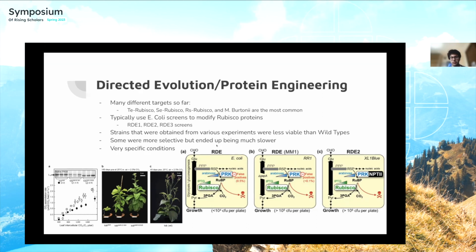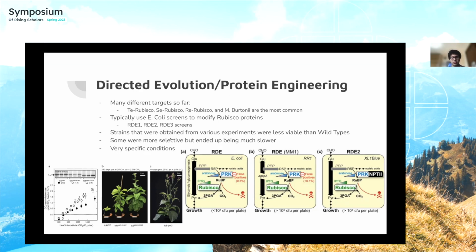The way they work is that they use PRK to increase the toxicity inside the cell, and the reaction that's started by Rubisco will lower the toxicity by activating RuBP. Through this, we'd select for more and more efficient forms of Rubisco, which were either more selective or faster, or sometimes both.